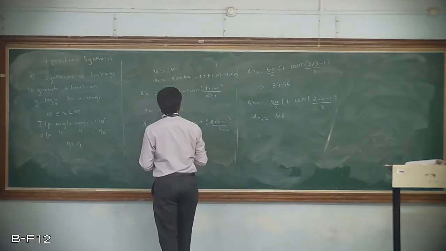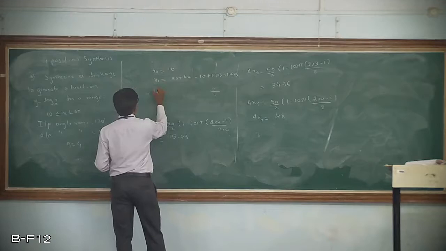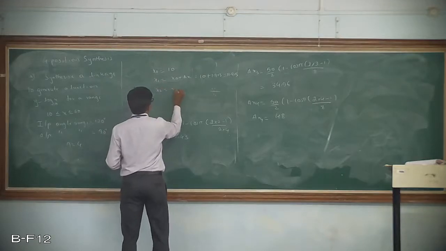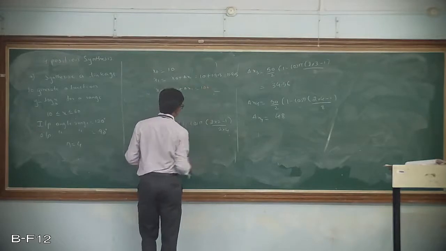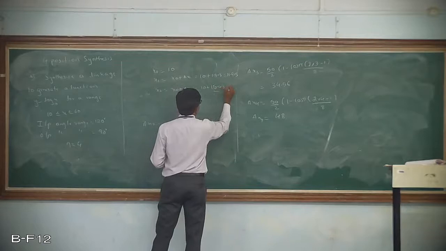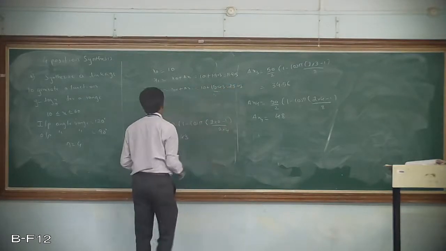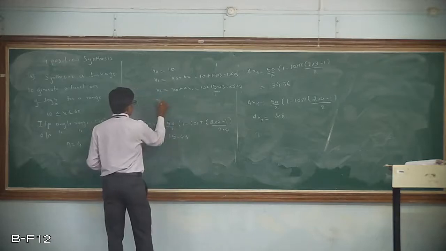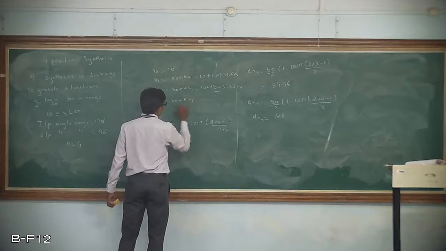Similarly, you have to find x2 and x3. So x2 is x0 plus delta x2, which is 10 plus 15.43, should be equal to 25.43.